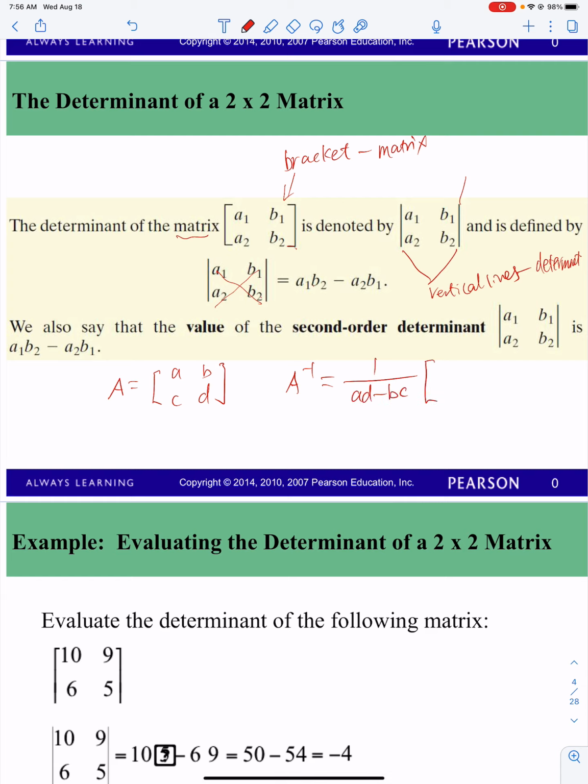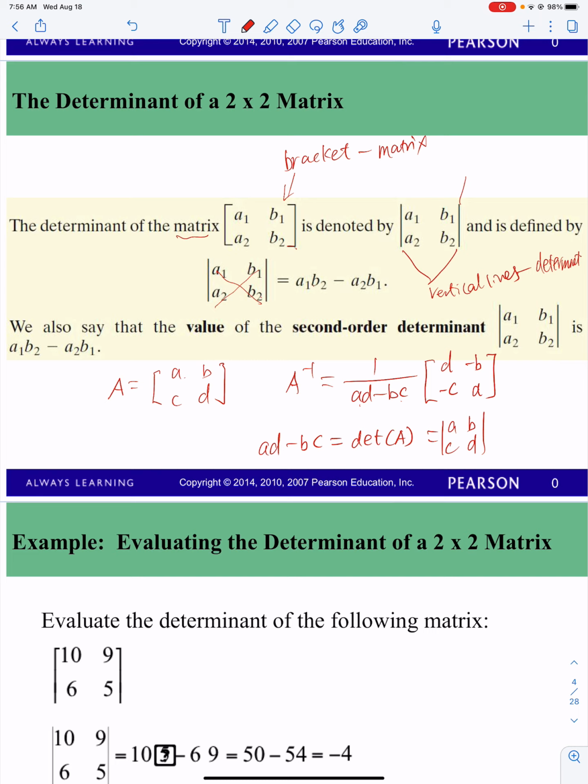Do you remember what we do? You interchange the diagonal, negative B, negative C here. Where does AD minus BC come from? AD minus BC is actually the determinant of A: AD, this diagonal, minus BC, that diagonal.